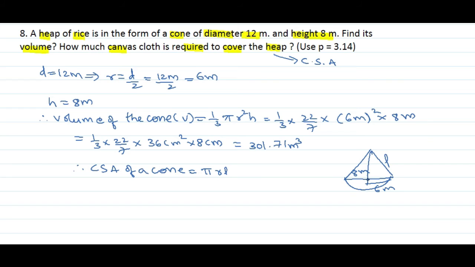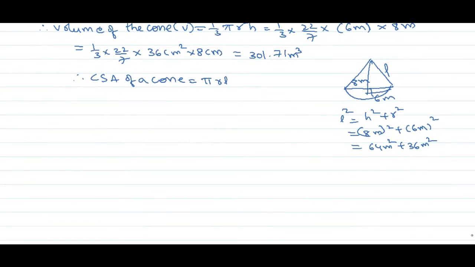This l is the hypotenuse, so l square is equal to height square plus radius square, which is equal to 8 meter square plus 6 meter square, which is 64 meter square plus 36 meter square, which is equal to 100 meter square.